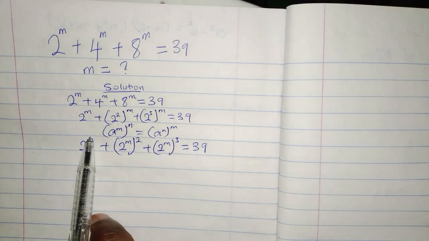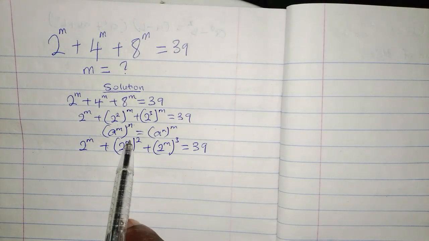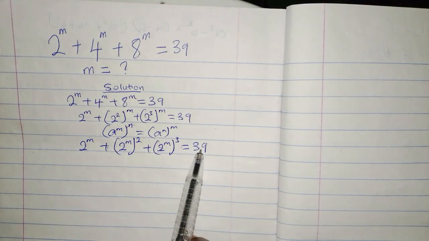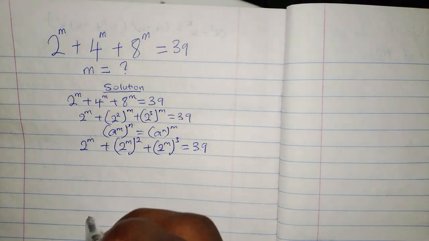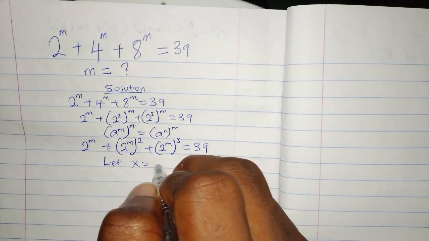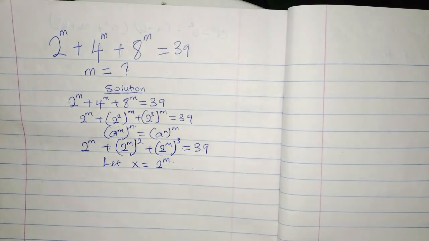So we have 2 to the power of m plus, in brackets, 2 to the power of m, to the power of 2, plus 2 to the power of m, to the power of 3 equals 39. So we can say let x equal 2 to the power of m.